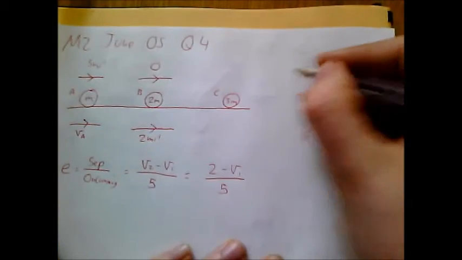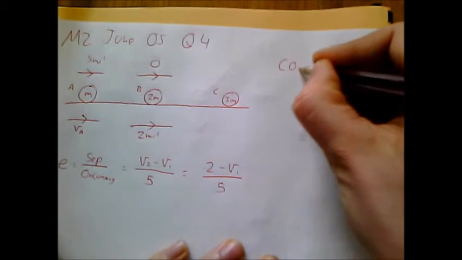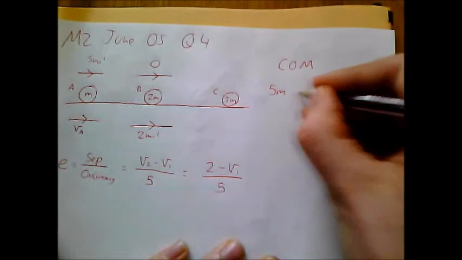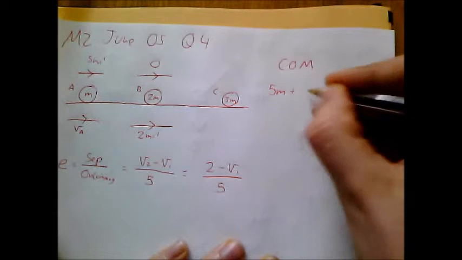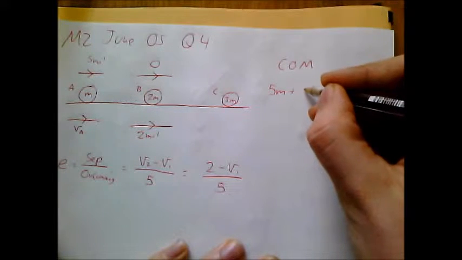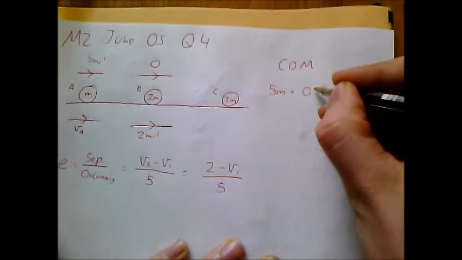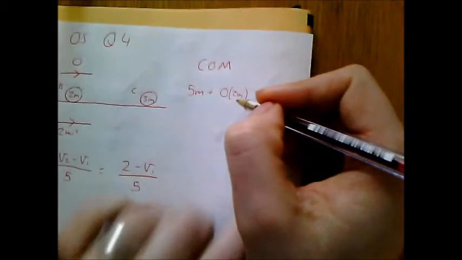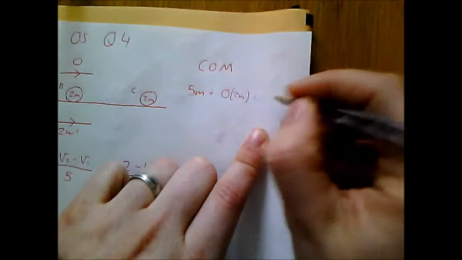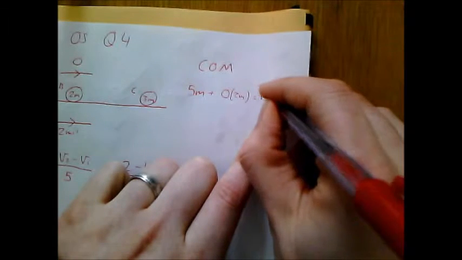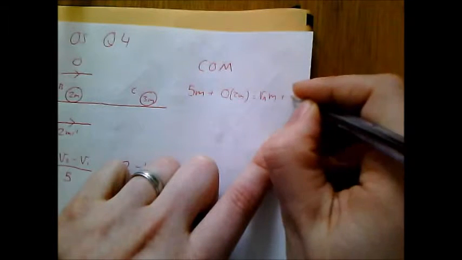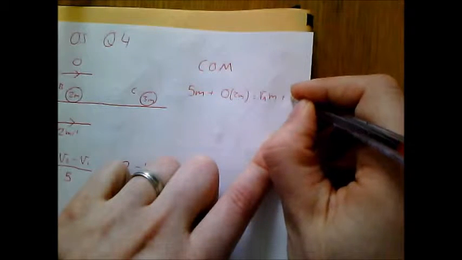So on the side here, let's use the conservation of momentum. 5 lots of m plus 0 lots of 2m will equal VA lots of m plus 4m.